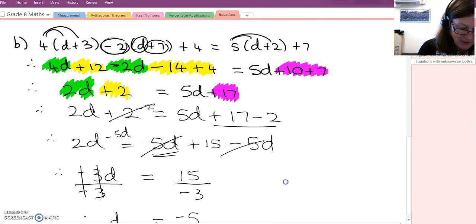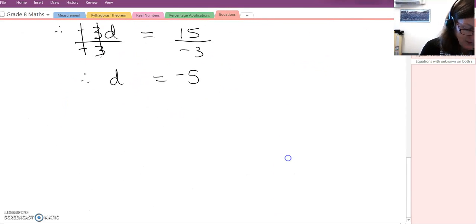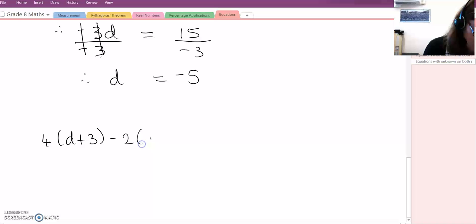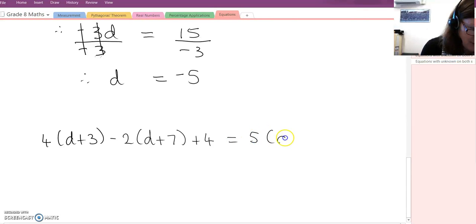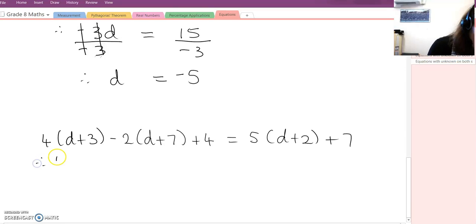Alright, it tells us to check our solution. Let's write the equation as it started again. So we're writing the equation as it started. To check the solution, we think D is negative 5. So every time we see D, we are going to write negative 5. So that's what I'm about to do.